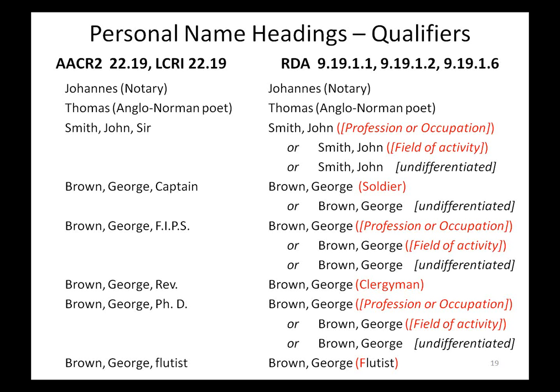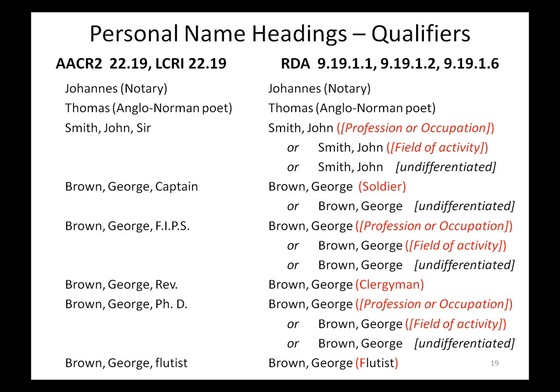So John Smith, Sir, depending on his profession or occupation, would get a qualifier for that particular profession or occupation or field of activity. Captain George Brown, if he's a captain in the military, the qualifier might be soldier, but if he's a captain in the fire department, perhaps it would be a fireman or something like that.